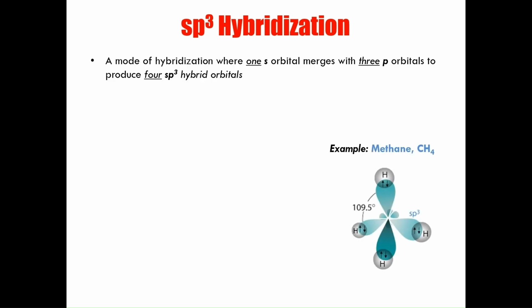This slide is a great summary of what I've discussed so far. sp3 hybridization is a mode of hybridization where one s orbital merges with three p orbitals to produce four sp3 hybrid orbitals. My primary example has been methane, shown here. These hybrid orbitals have 25% s character and 75% p character due to the ratio of 3 to 1.